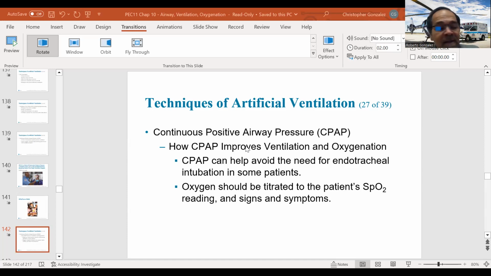So how do you titrate? How would you titrate the CPAP on a patient? What devices do you have out there, or what can you do to find out if oxygenation is actually happening? Check their pulse oximeter.